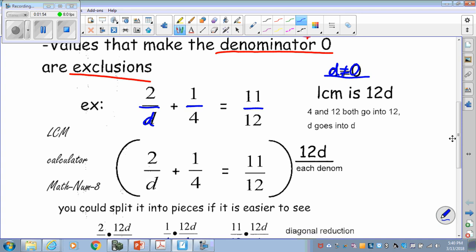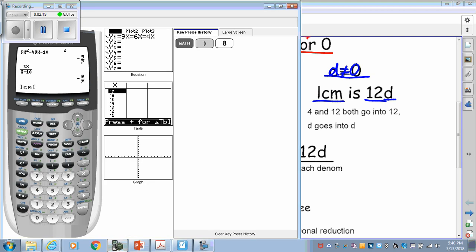And so what I look at is my least common multiple, and my least common multiple has to have all the factors. So it needs to have a d, because there's a d. It needs to have a factor of 4, and it needs to have a factor of 12. Well, 12 actually has a factor of 4 and a factor of 3.